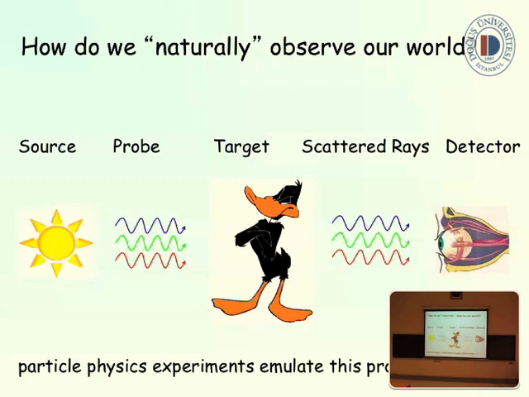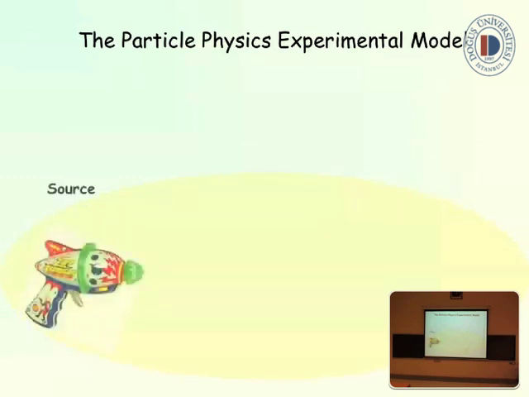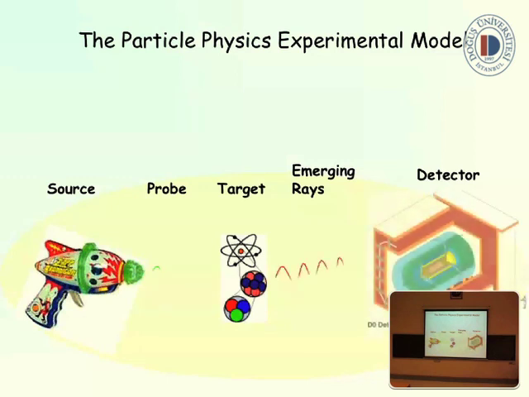Then particle physics experimentalists emulate this process, and let's see what we have. This is a particle physics experimental model. We have a source, exactly the same. We have a probe, we have a target, we have emerging rays, and finally, we have a detector.